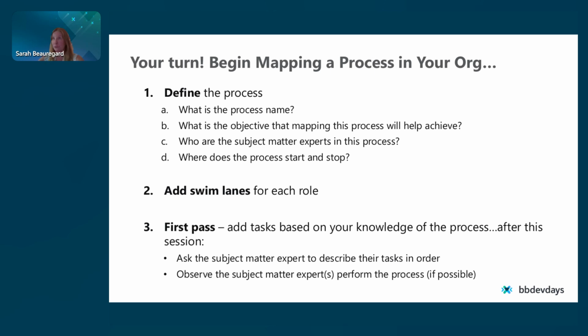I would recommend that after this session you have a session with the subject matter experts that you've identified, use your draft as a starting point, and then have those subject matter experts iterate and add to what you have started here, describing the tasks that they perform and finishing out the map. Maybe even performing some of those show and tell type of actions that we talked about as well, if that might be relevant to the process that you're working on.